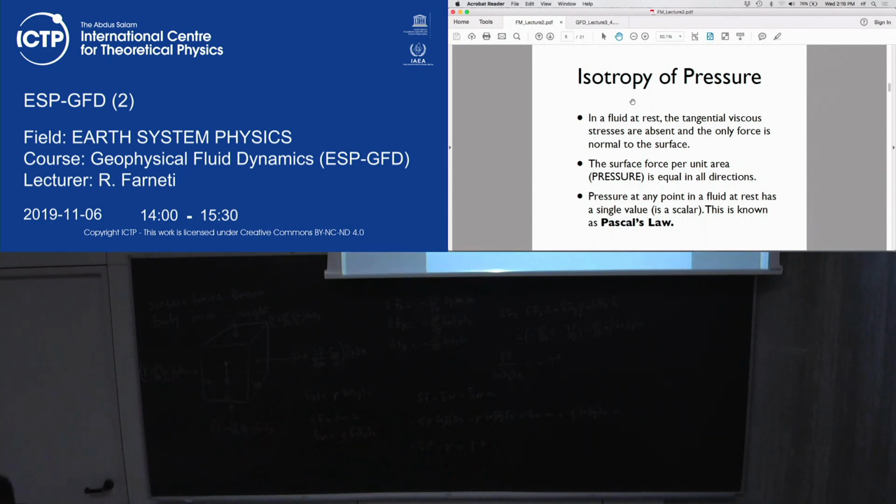But we are in static conditions, so acceleration is equal to 0. The fluid is at rest, so A is equal to 0. So grad P is equal to minus gamma.